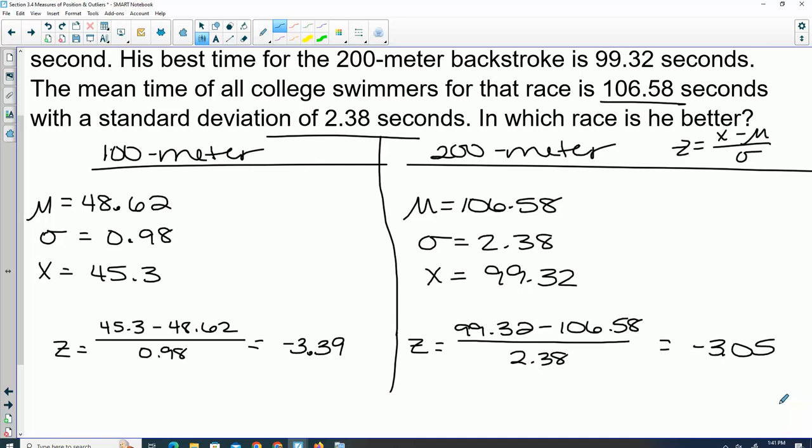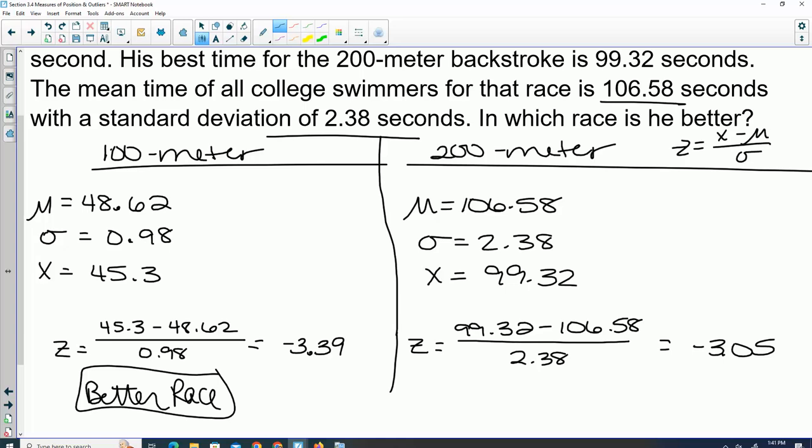Faster than average, which is a good thing in a race, right? So if I'm asking which one is better, you want the one that is more negative, smaller number, because that means he was faster in that race. So this is the better race, because he was more below average on that one.